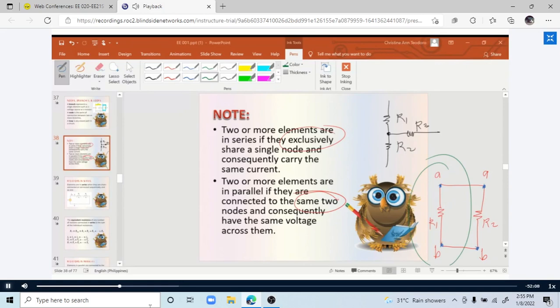When it comes to a certain relationship, a third party is not allowed. Correct? Always remember that. We can just say that two elements are in series if they exclusively share a single node.